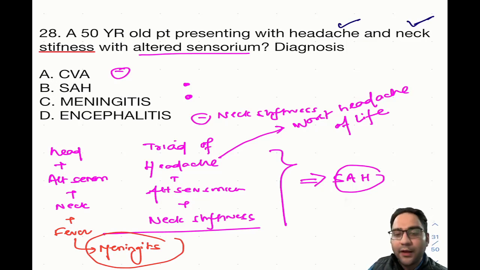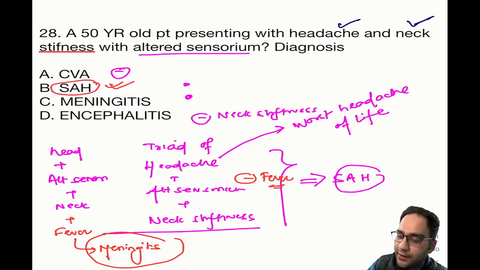So subarachnoid hemorrhage is basically meningitis minus fever. That's what you can say. They do not have fever. So the answer to this question would be subarachnoid hemorrhage.